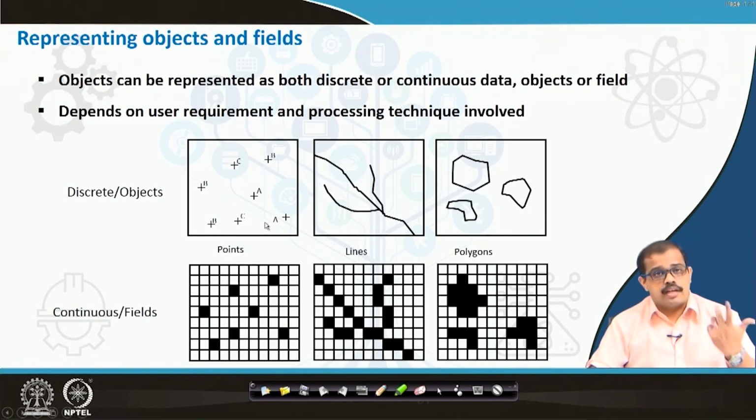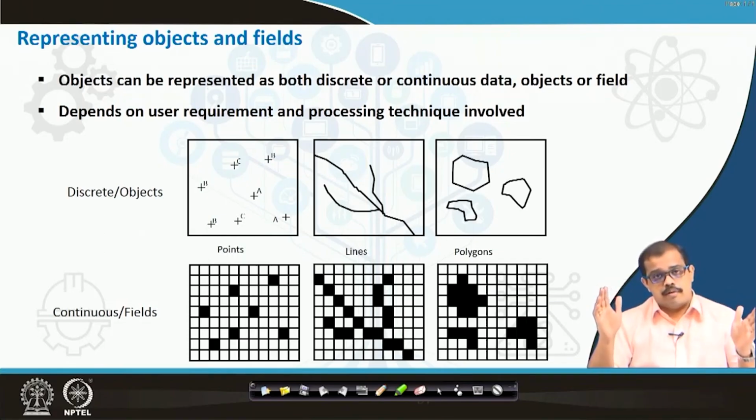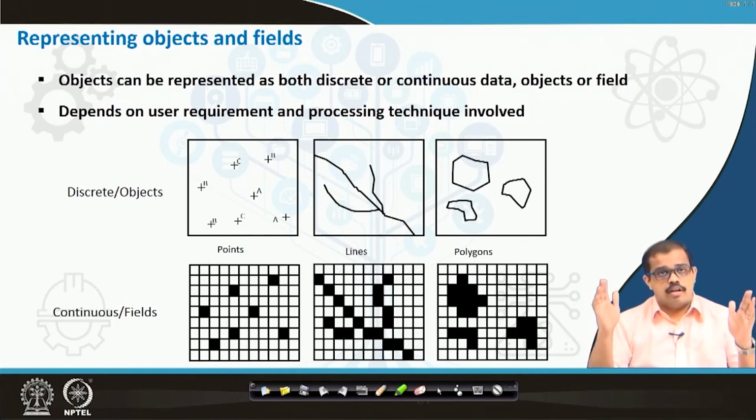Okay. When it is a continuous representation, or you are speaking about fields, then it is a number of squares together in the form of a matrix. It has m rows and n columns, and then it is represented as a continuous field or a continuous value.